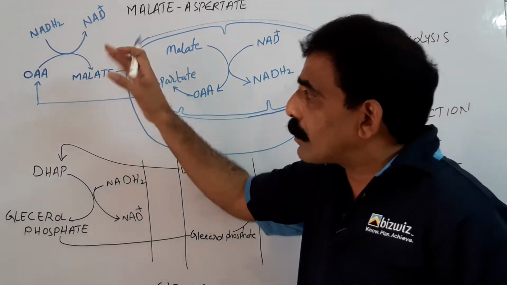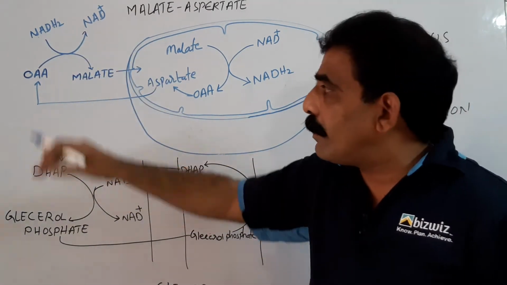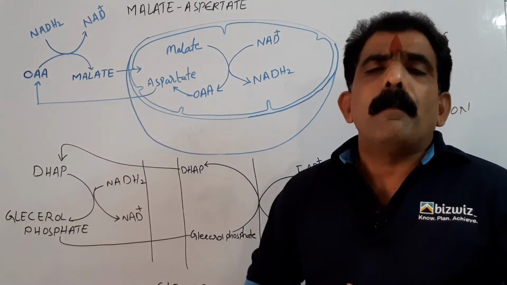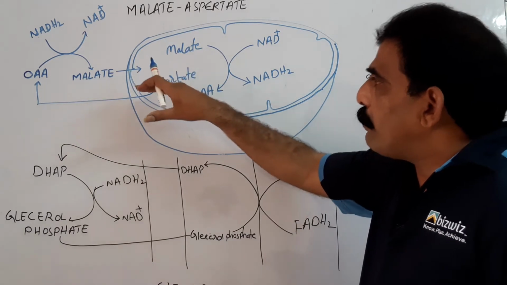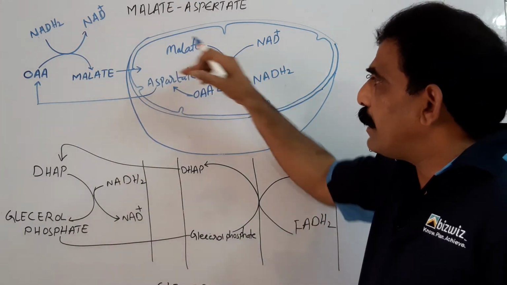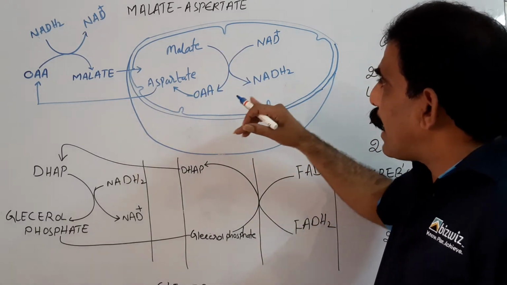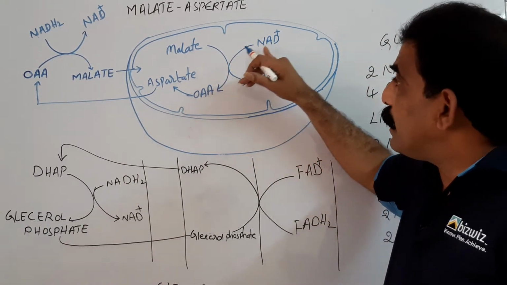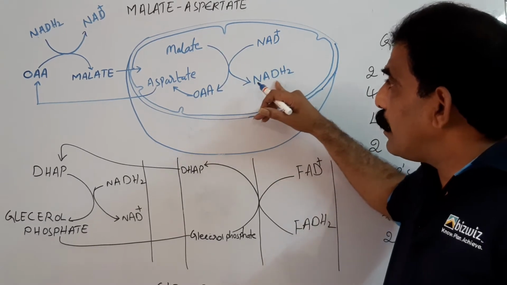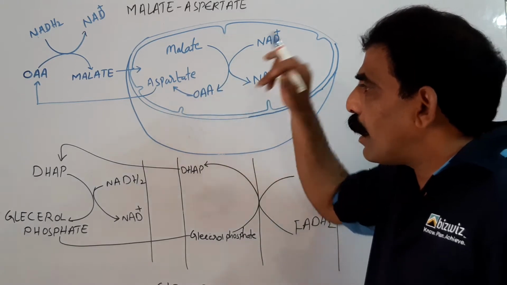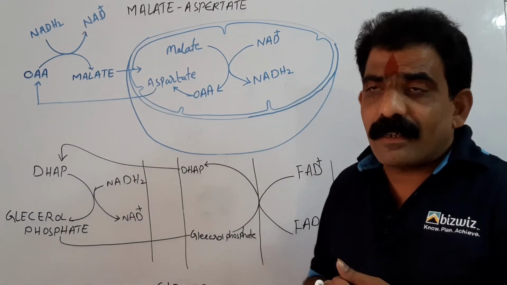These reducing equivalents are removed under the influence of malate dehydrogenase and added to NAD+, reducing the NAD+ to NADH2, and malate is oxidized to oxaloacetic acid again.